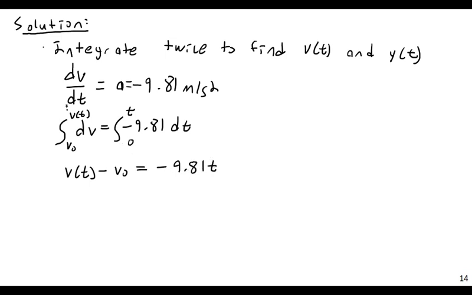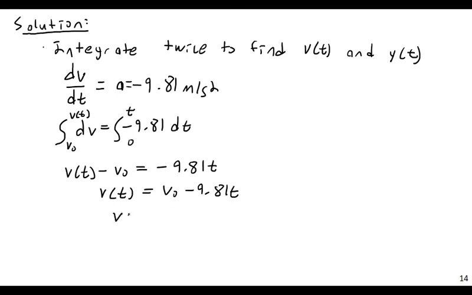And I don't need my plus c because that cancels out. I don't have that when I'm taking a definite integral here with specific values. So then v of t is equal to v naught minus 9.81 t. Or, since I already know my initial velocity, as I described in the previous slide, the initial velocity was 10 meters per second upward.